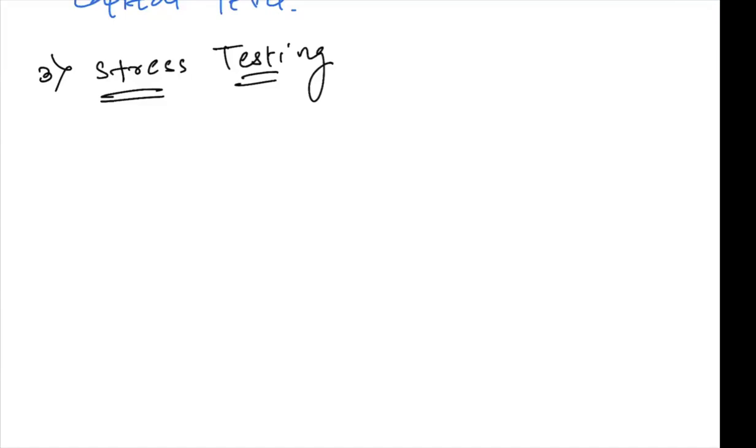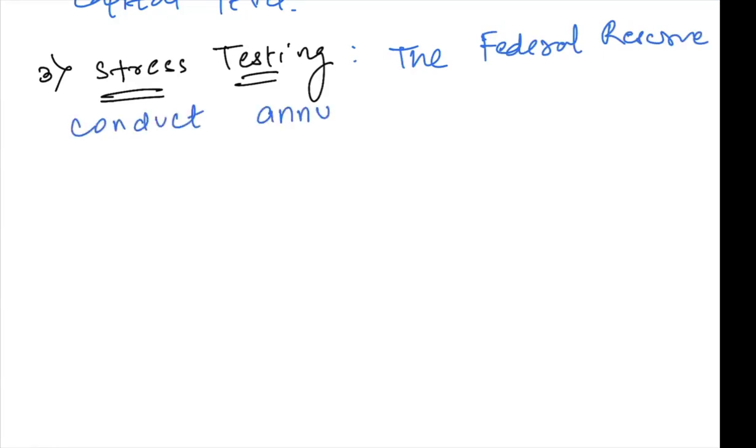Similarly, for banks also, the Fed gives hypothetical scenarios, and they ask the bank to evaluate what the bank's capital adequacy is. Okay, so the Federal Reserve conducts annual stress testing. This is a very important term, annual stress testing.